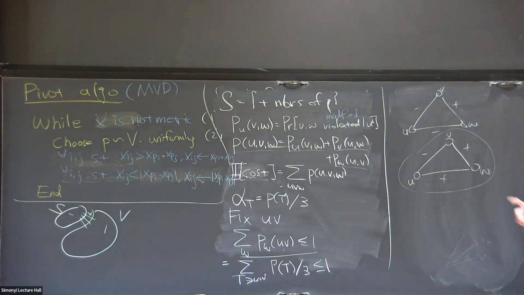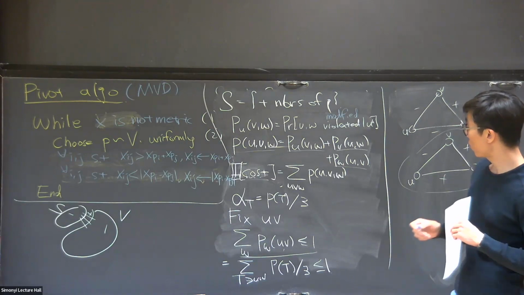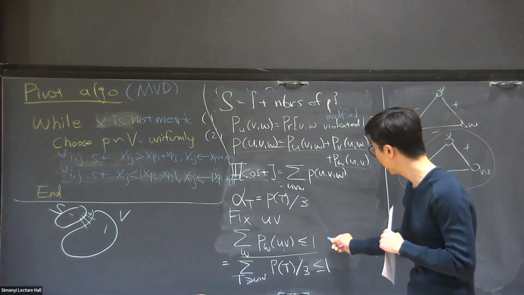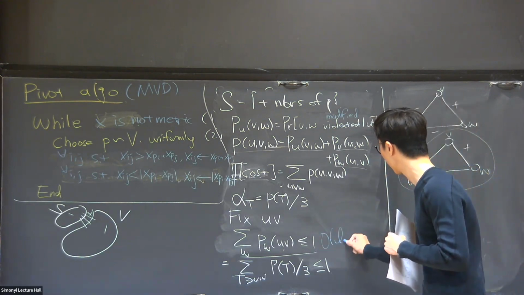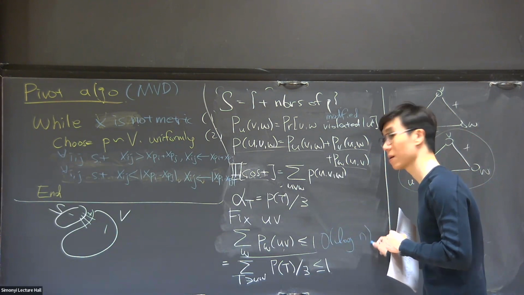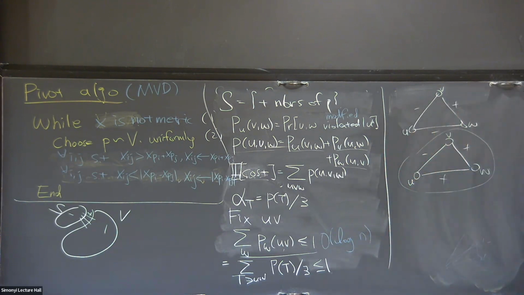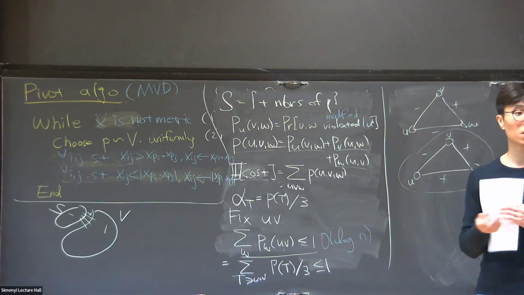In this case, what we are showing is that this quantity perhaps becomes order log n. Again, everything's very simple, a simple observation, and that's what gives us log n approximation.